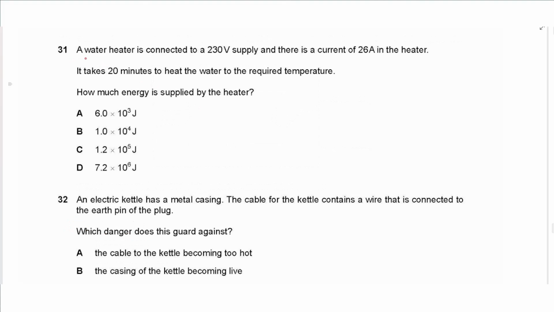Question 31 says a water heater is connected to a 230 volt supply and there is a current of 26 amperes in the heater. It takes 20 minutes to heat the water to the required temperature. How much energy is supplied by the heater? So the energy is calculated as VIT, voltage multiplied by current and time. So we have the voltage 230 and current 26, but the time should be in seconds, so we multiply the 20 minutes by 60.